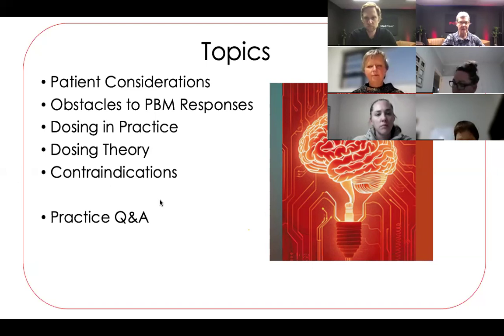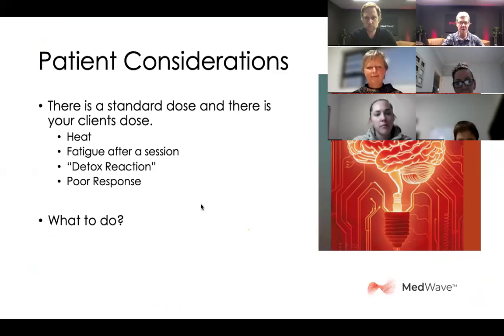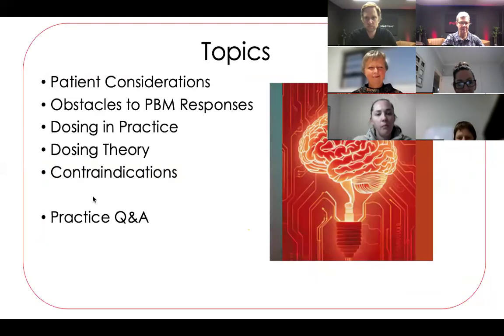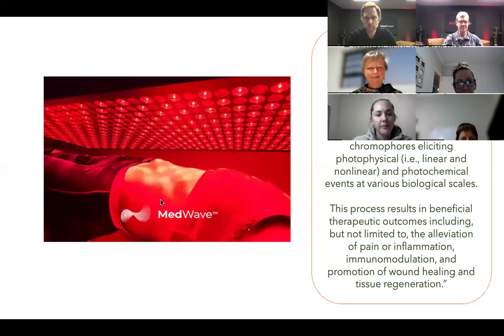Just to start off, remembering that photobiomodulation and the red and infrared light is what we call a non-ionizing form of light. So it's not damaging like UV. It's not UV at all.